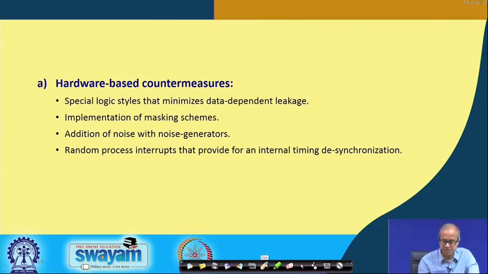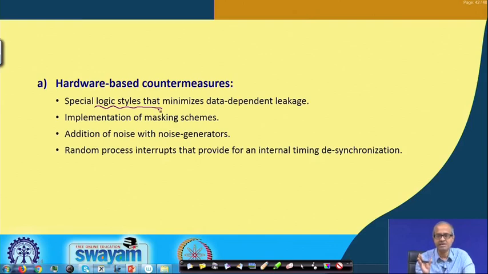For hardware based countermeasures, you see there are some logic design styles. Here I am talking about IC design. Normally we design our IC chips using CMOS. In CMOS also there are various design styles, dynamic, static.